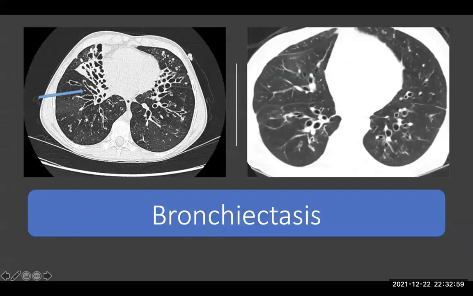So you can see in this CT scan of the chest, these are the bronchiectatic chains, and this is called the signet ring. A signet ring is just like a ring which we wear on the fingers. This black part is the dilated bronchiole, and this white part is the blood vessel, and together they form this kind of signet ring.